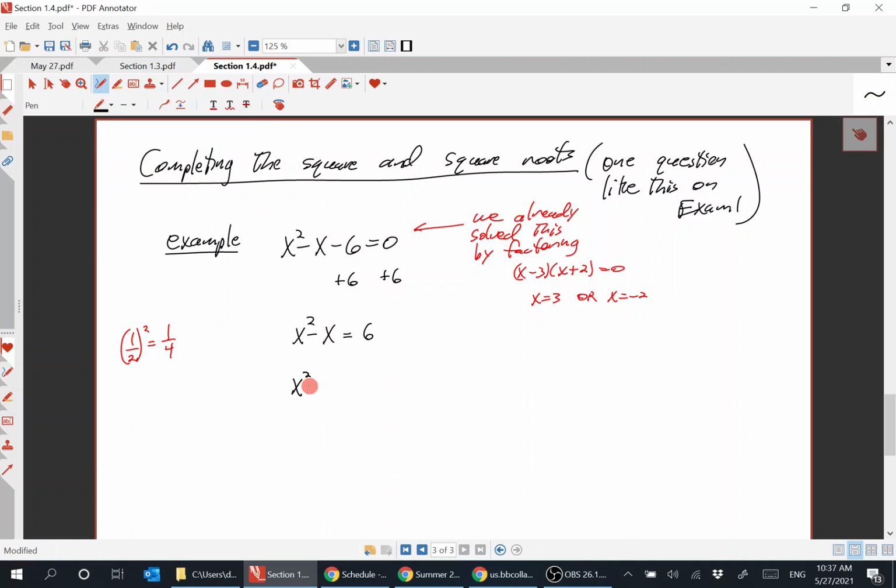So this is x squared minus x, and then I'm going to add a quarter on the left, and a quarter on the right. We add a quarter to both sides of this equation to keep it balanced, and that's called completing the square. Now this is x minus 1/2, quantity squared.